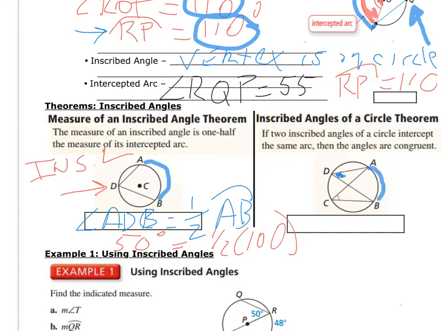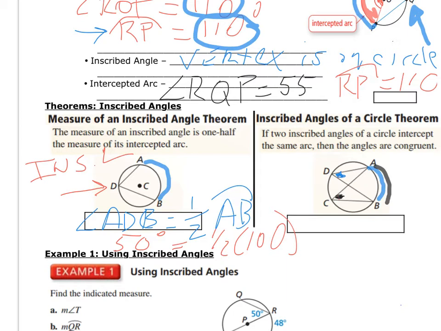That's the intercepted arc to that angle. Then I'm going to switch to black. Black represents angle C. That's the second inscribed angle, but its intercepted arc is the same arc, AB. Both those arcs are congruent, right? Since arc AB is congruent to arc AB, those two angles must also be congruent.